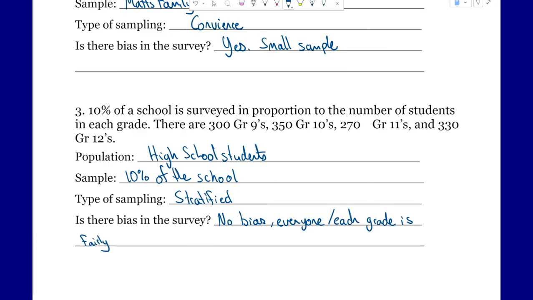If there are more grade 10s in the school, more grade 10s would be asked. There are fewer grade 11s, so fewer grade 11s would be asked. Because of this, every group is represented in proportion to how many there are in the school. So they're fairly represented.